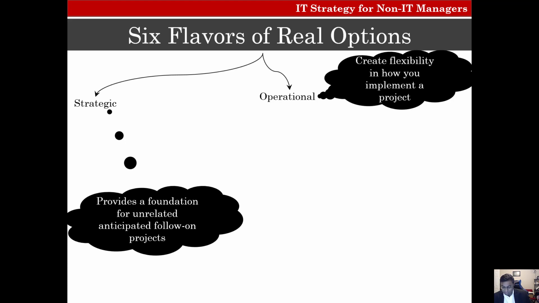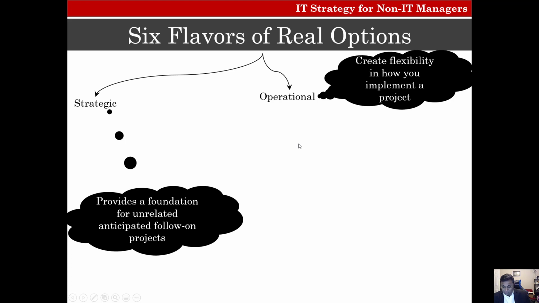Strategic options exist primarily in infrastructural IT investments that serve as a platform for other projects. Such options are obvious in hindsight, but difficult to predict when you're actually in that project.